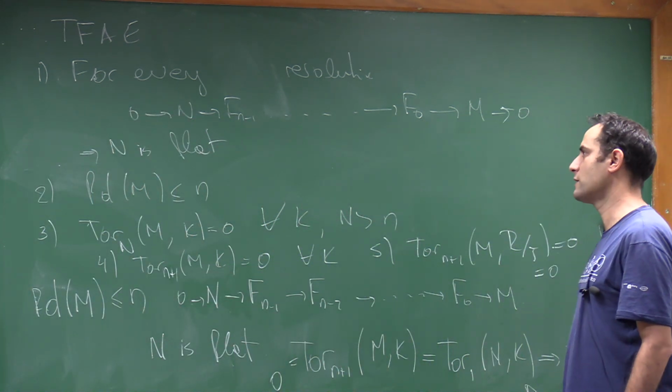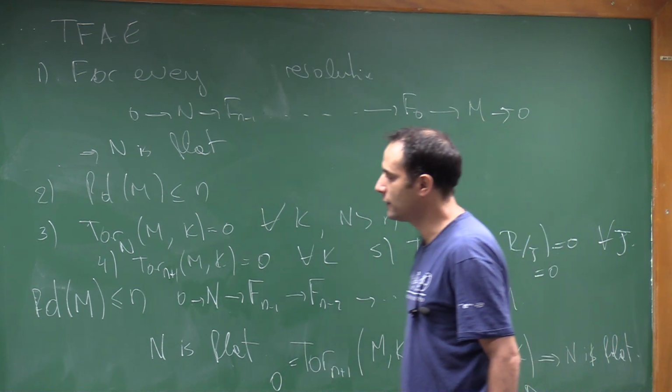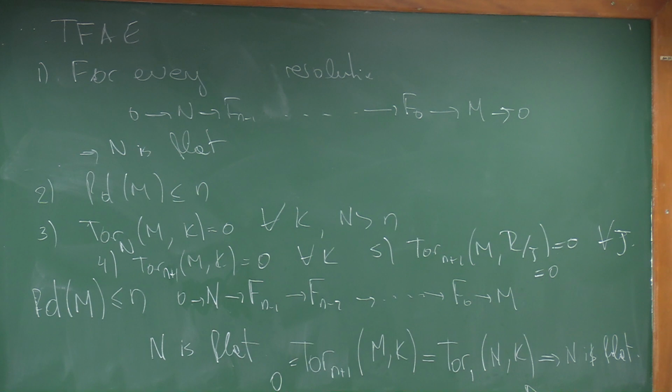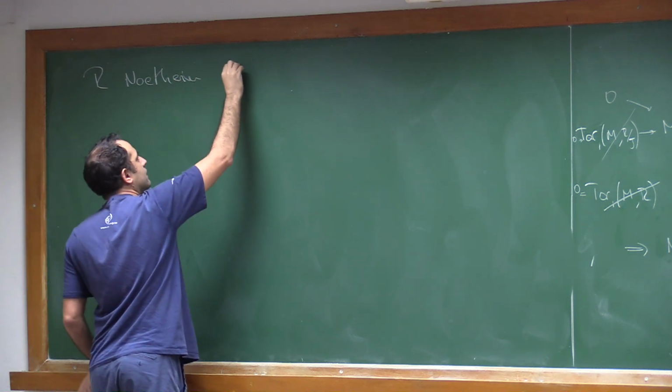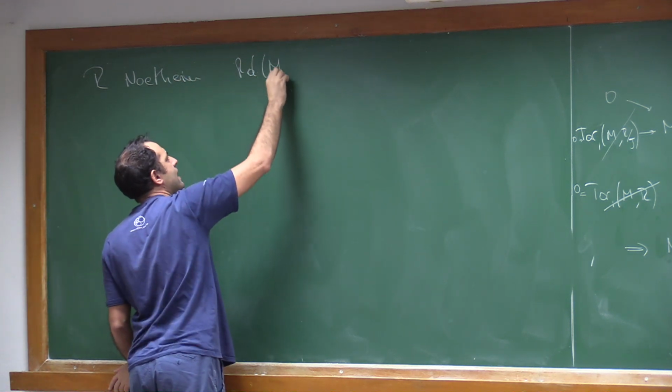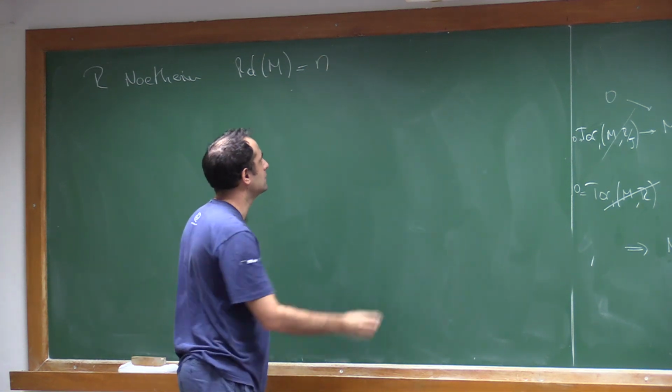All right, so now let's suppose that R is Noetherian, right Noetherian, and that the flat dimension of a module M is equal to n, which is finite.